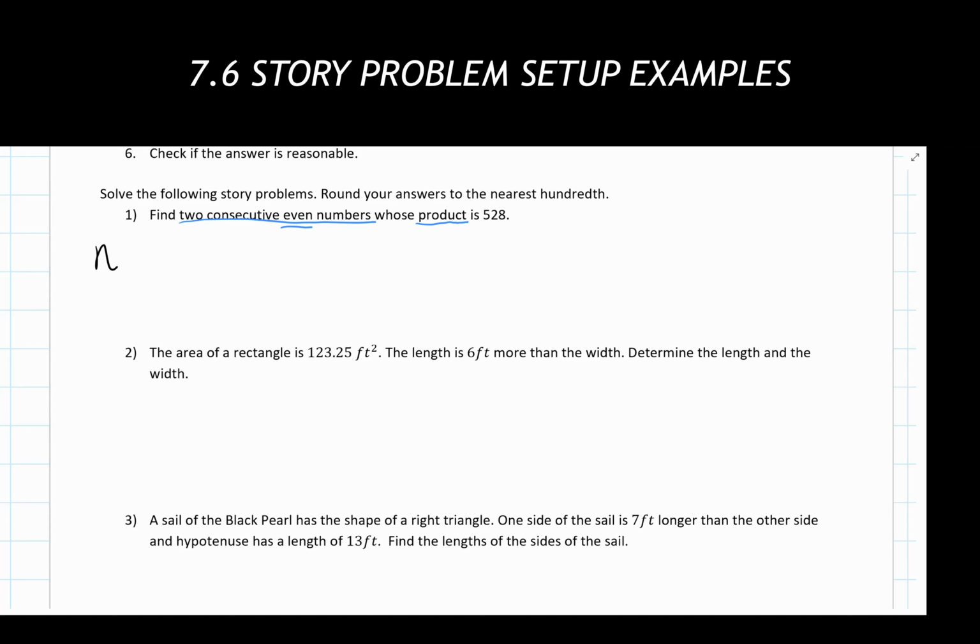I would take that first number and I would be adding 2 to it. Again, we think back to our examples. I have 2 and 4, 8 and 10, 12 and 14, negative 12 and negative 10. All those numbers there. So we have our first number of n. We have our second number of n plus 2, whatever that is.